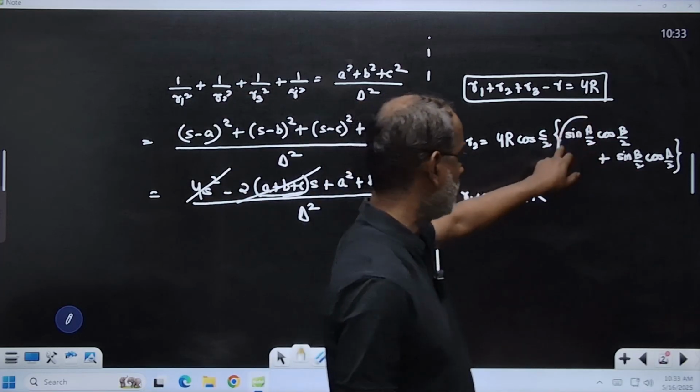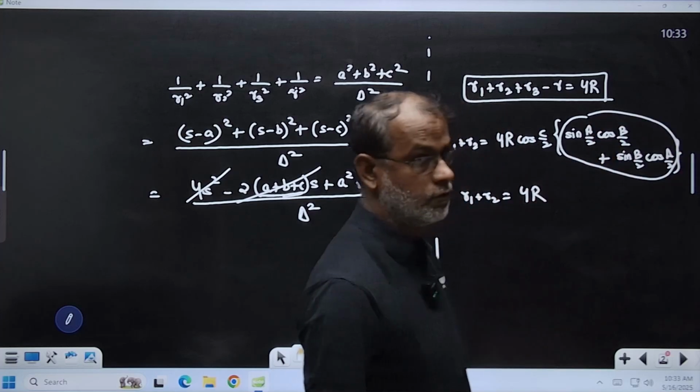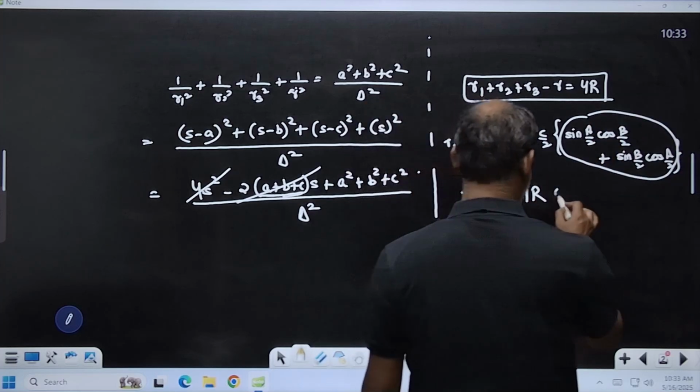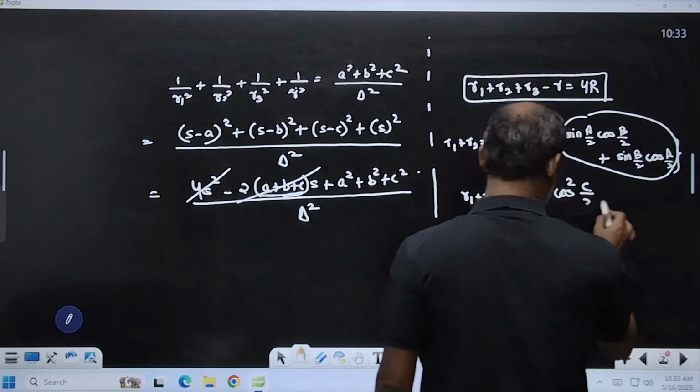This becomes sin of (A plus B) by 2, which is cos C by 2. So, 4R cos square C by 2.